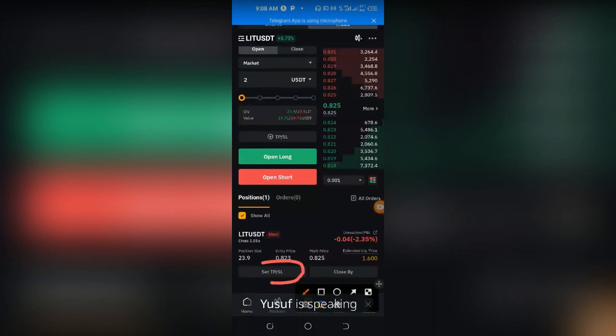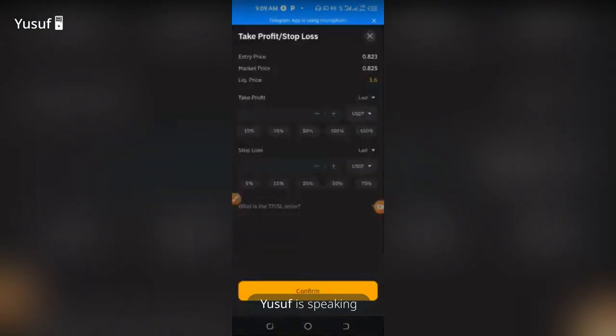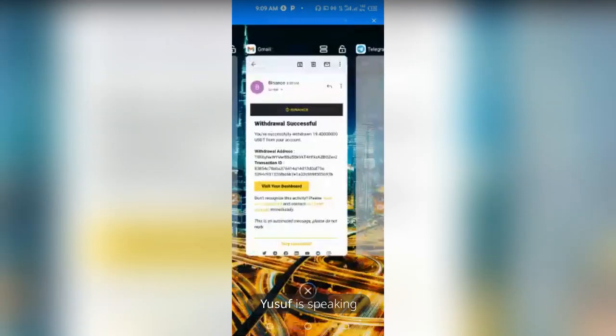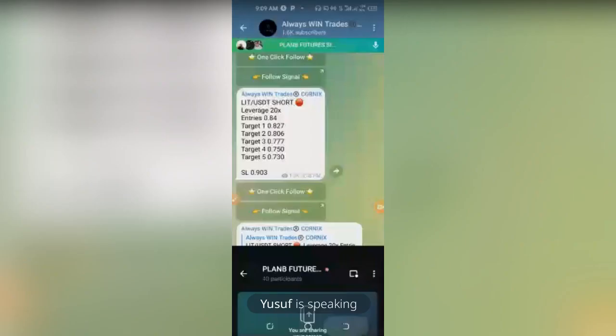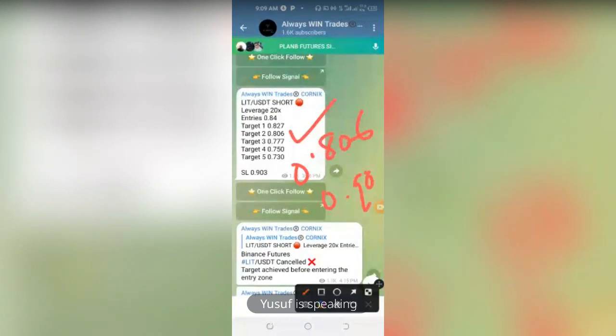Look at this. I'll just come here, set TPSL, take profit now. I'll come to the signal. Since I'm following the signal, I can still go for the second target. The second target says 0.806. Then the stop loss is 0.903.